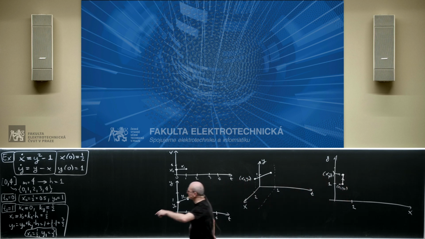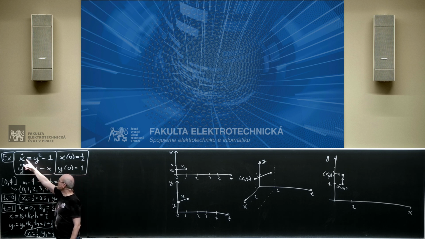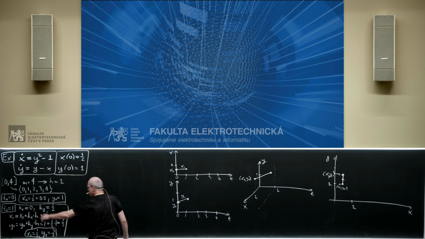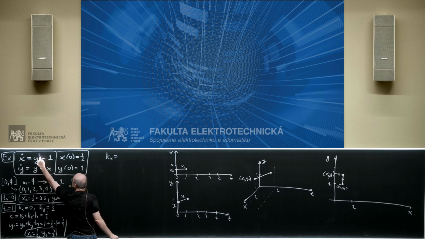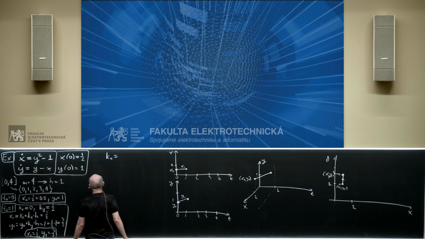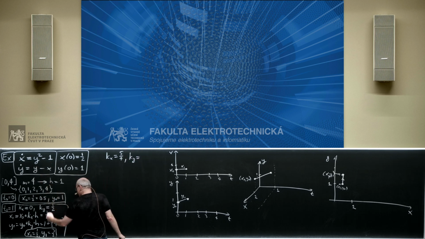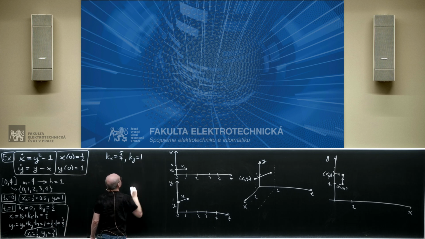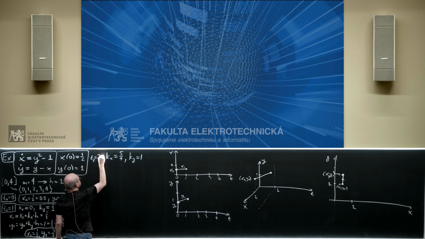Okay, let's move on. Now we know where we are, and we can use this information to find the slope of our unknown functions at that location. For the function x, the slope is given by y squared minus 1, which is 3/2 squared. This looks like 5/4 to me, after I subtract 1. And for the function y, the slope is y minus x, which happens to be 1. So that's information at time 1, and using these slopes I can move forward and get information about time 2.